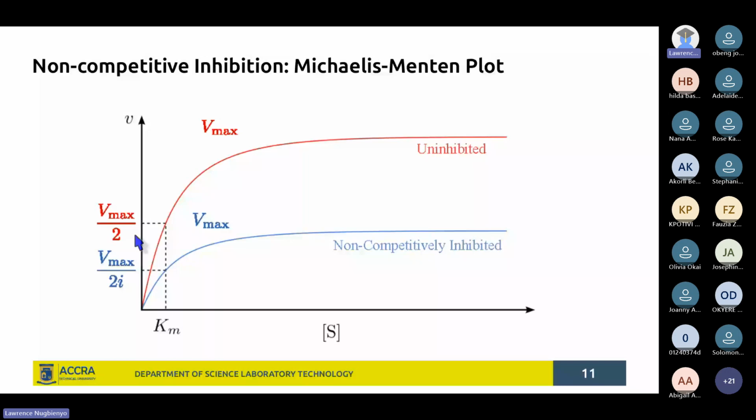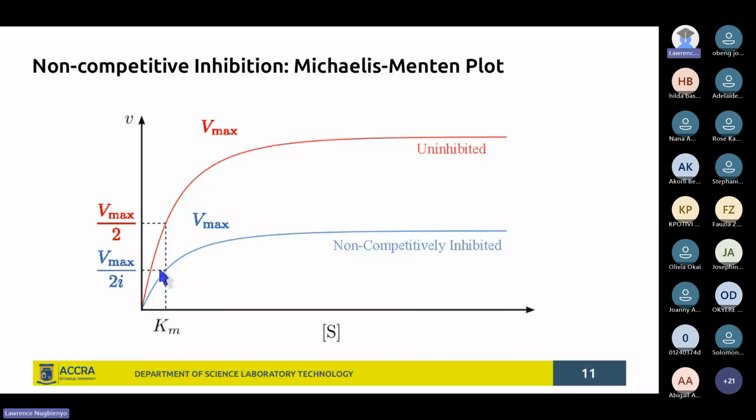So there is that reduction of the maximum rate of reaction. Now, if you have the maximum rate of reaction reduced, as well as half of that maximum rate of reaction also reduced, what happens to the Michaelis-Menten constant? Now, the Michaelis-Menten constant remains the same. So the substrate concentration at which half of the maximum rate of reaction is reached is the same for non-competitive inhibition.